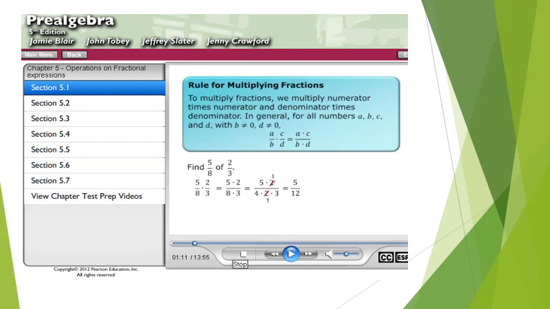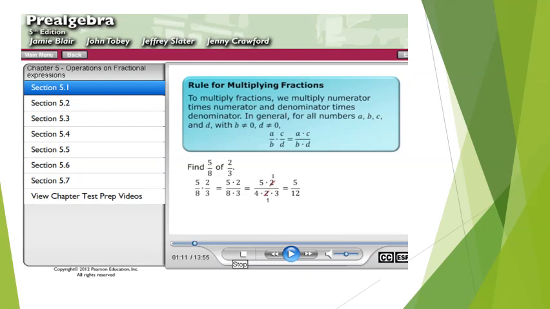Please know what that means, and please know how to do it, because you're going to need to know that before moving on to section 5.2. So prime factorization is taking a number and factoring it out until it reaches its primes. I'll talk a little bit more about that in the next section, but please watch that video before the next section. So stop this when you can and watch that and then come back to this podcast.